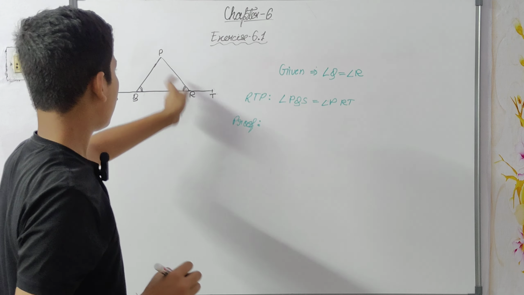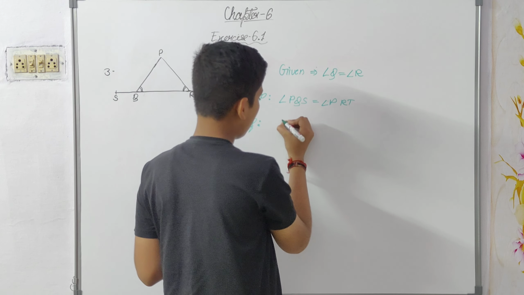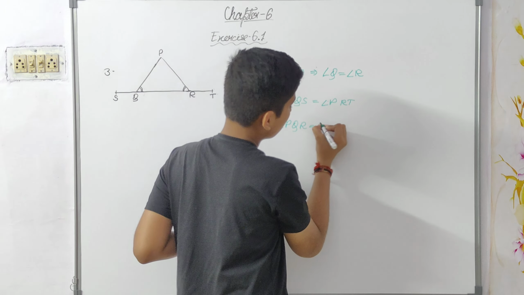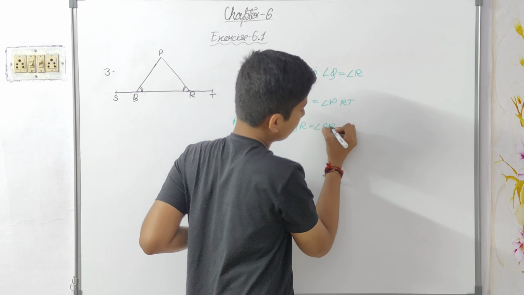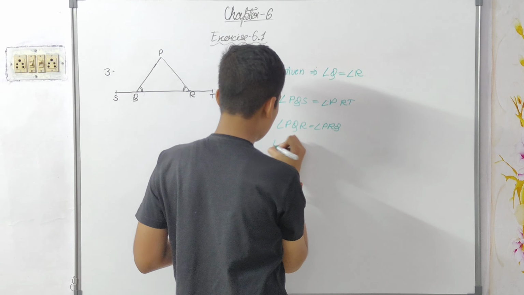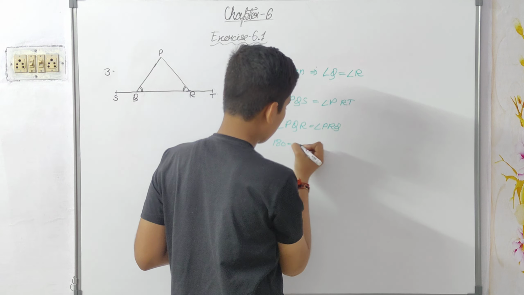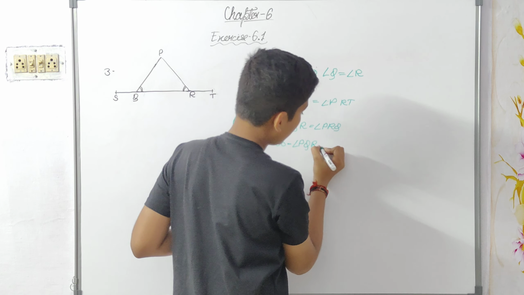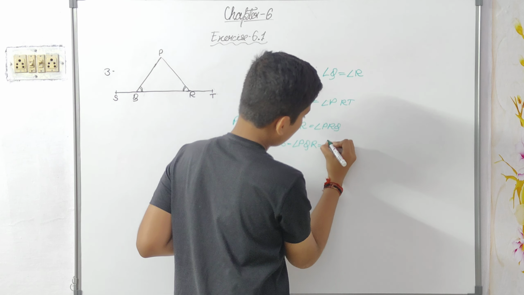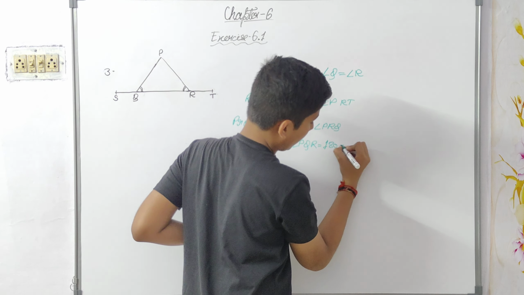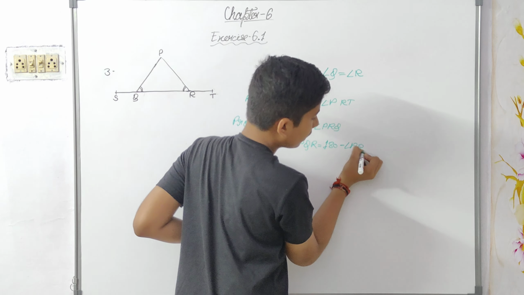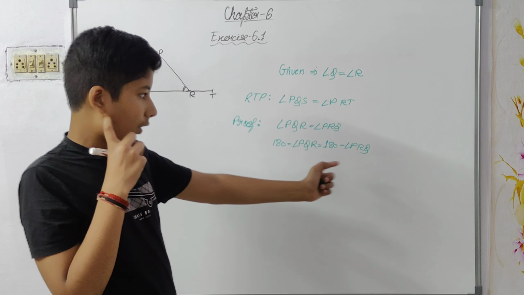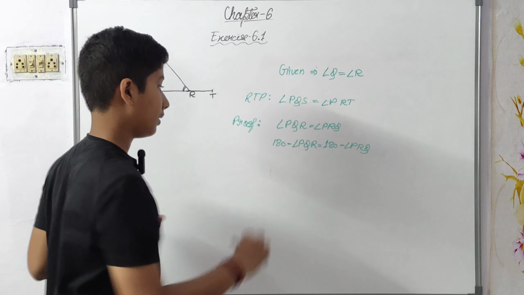Angle PQR equals angle PRQ. 180 minus PQR equals 180 minus angle PRQ. Now we have subtracted from 180 on both sides.